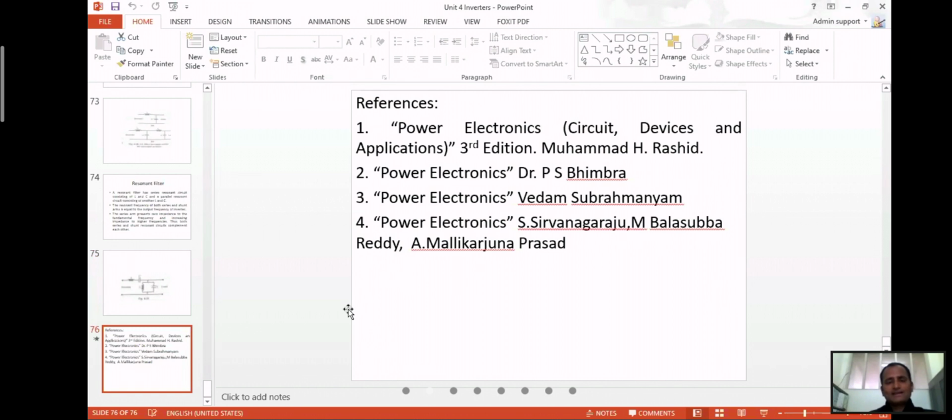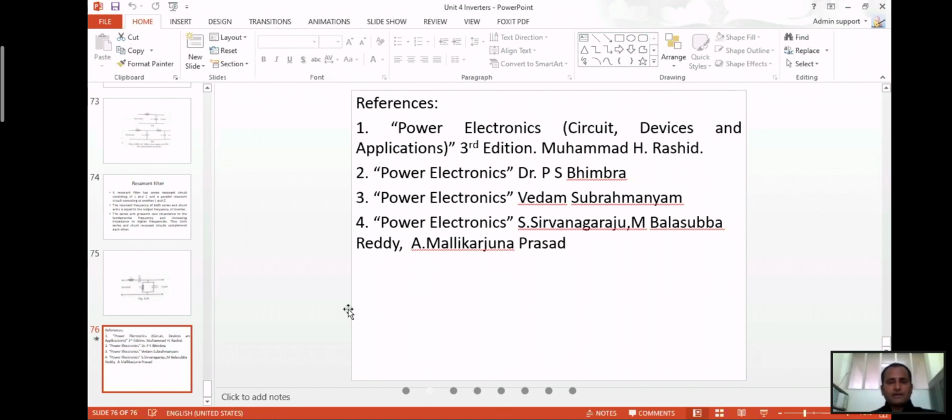When you talk about power systems and all the power system related subjects, you should have a fundamental background of power electronics, because if you do not understand power electronics, it will be difficult to understand the controlling mechanisms in other modules.